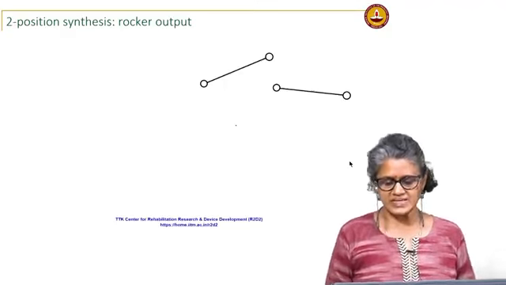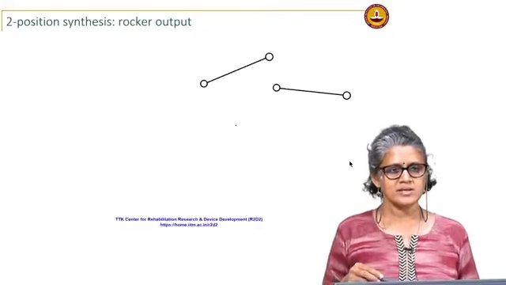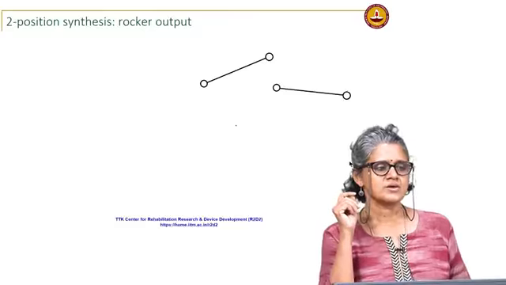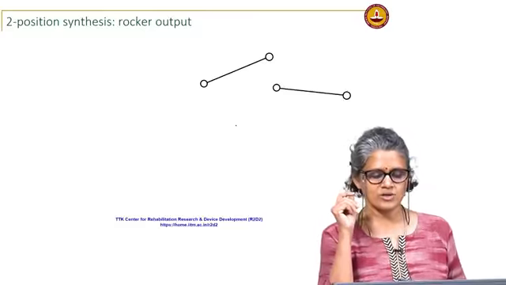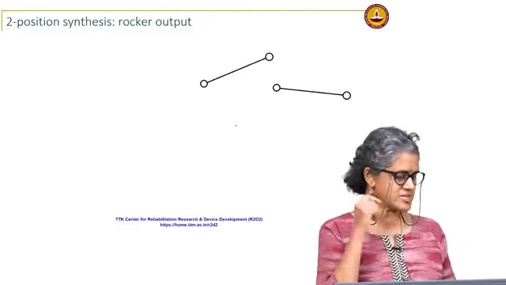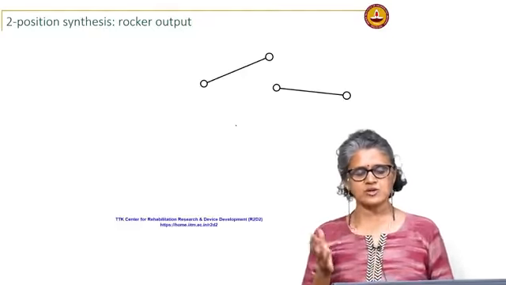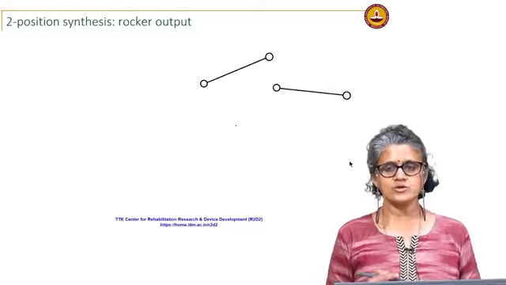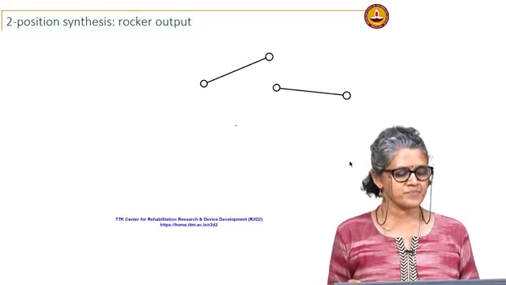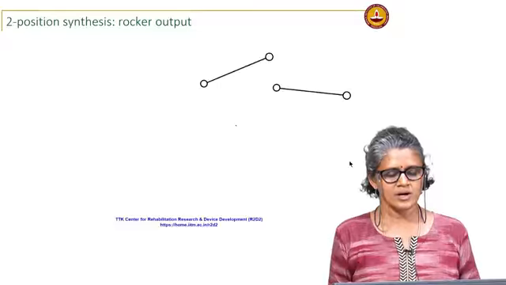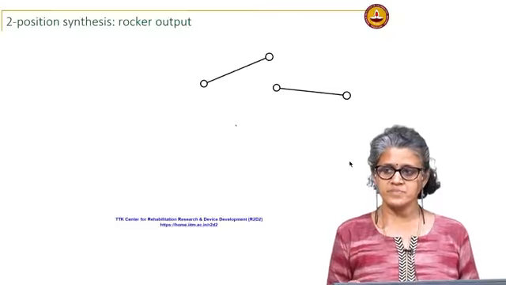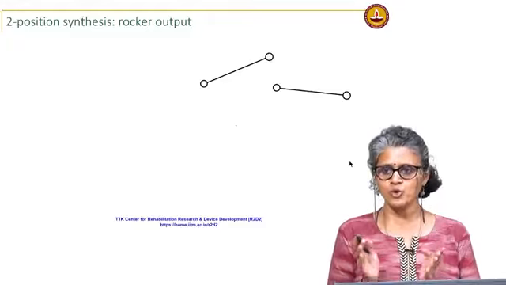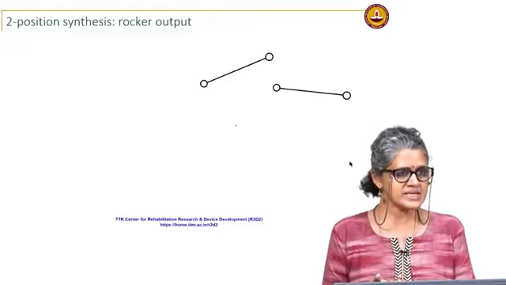So, last class we looked at the dead center synthesis using a crank rocker. We first looked at it for a specific rocker displacement and then saw that we could use the same technique for a motion generation problem, if it is a 2 position synthesis problem where the pole is locatable easily.